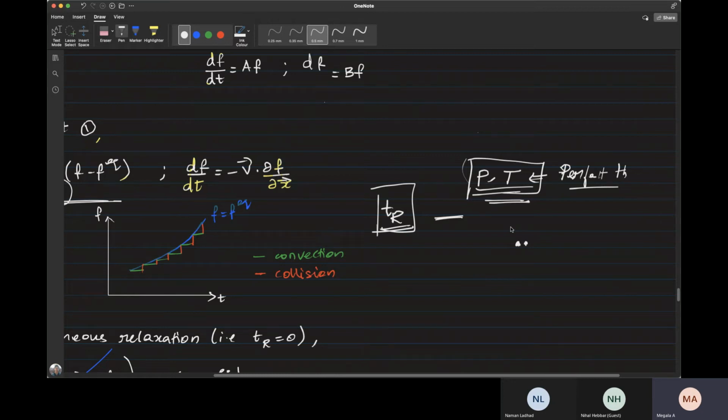The convection represents non-equilibrium, whereas collision represents equilibrium. So this TR is the time the molecular motion takes to get towards equilibrium. I mean, this TR is the time in which your f goes to f equilibrium, basically. So your molecules go towards equilibrium in this time.